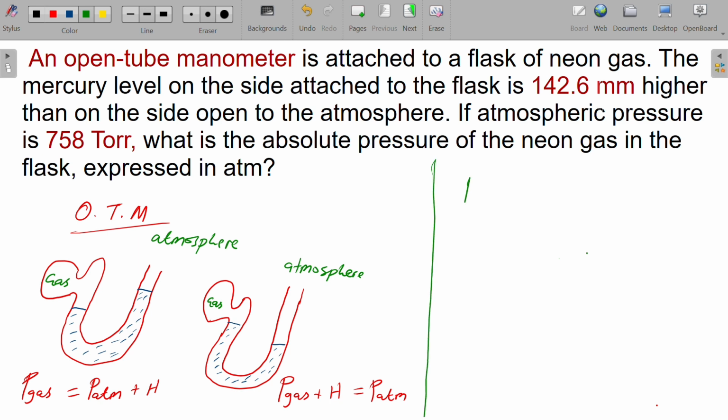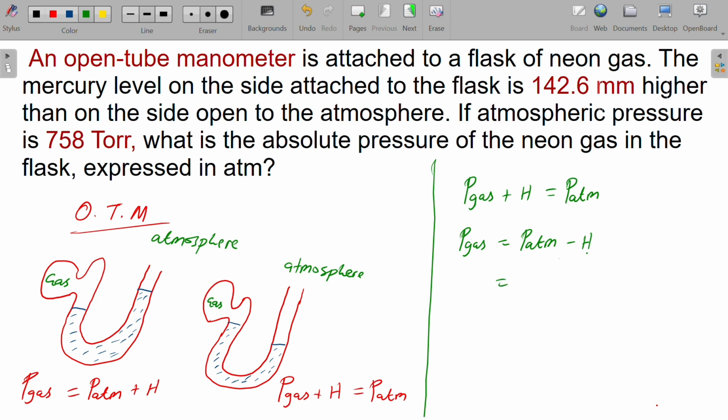So the formula we're going to use is pressure of gas, like that, added to the height is equal to pressure of the atmosphere, like that. Making pressure of gas the subject, we'll say pressure of gas is equal to pressure of the atmosphere minus the height.